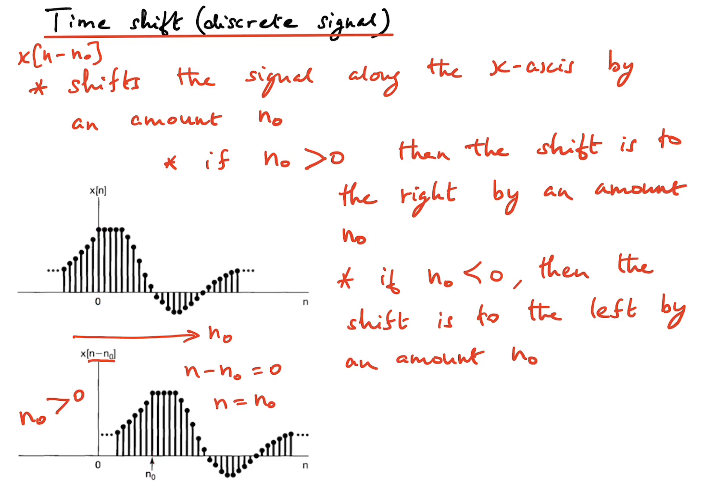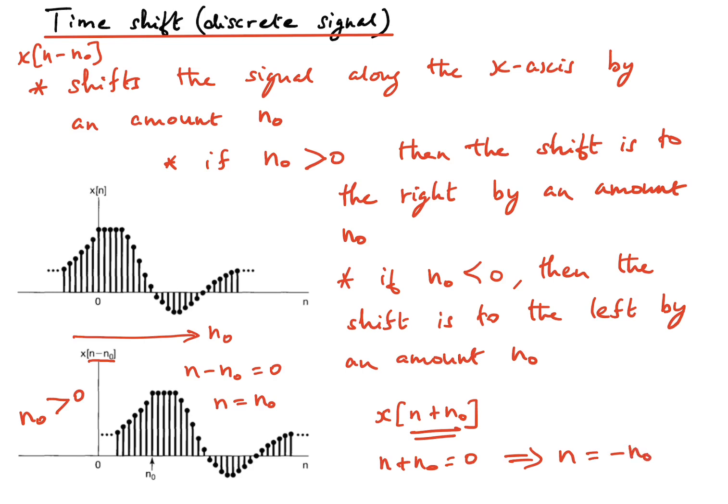So similarly, when we have x of n plus n naught, if you take this argument and make it equal to 0, so if you make n plus n naught equal to 0, that is basically saying n equals minus n naught, right?